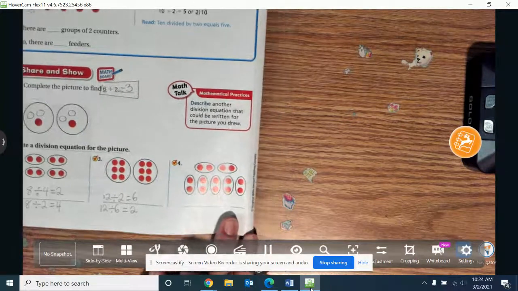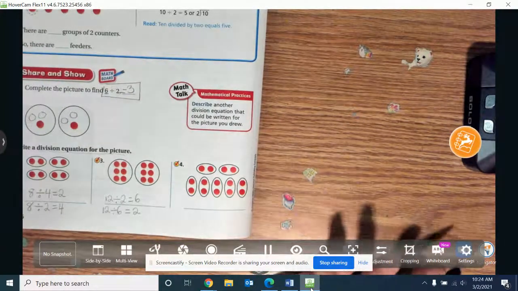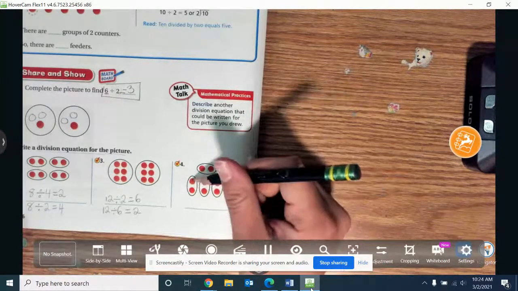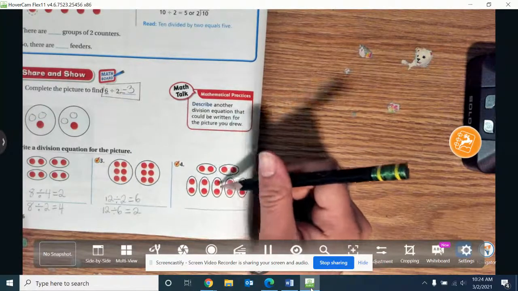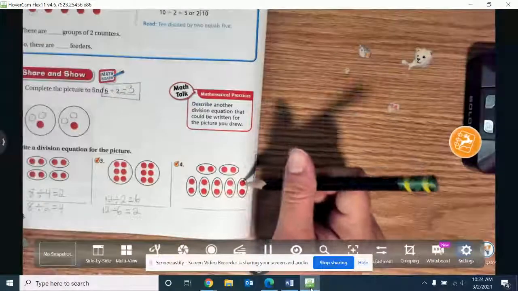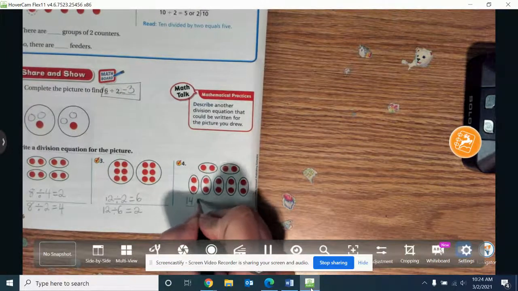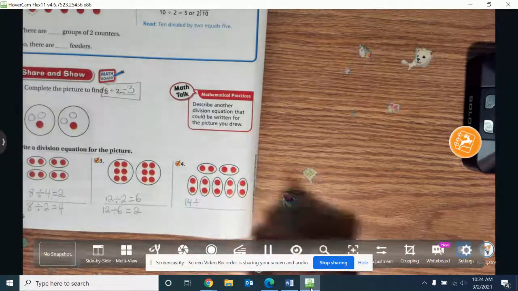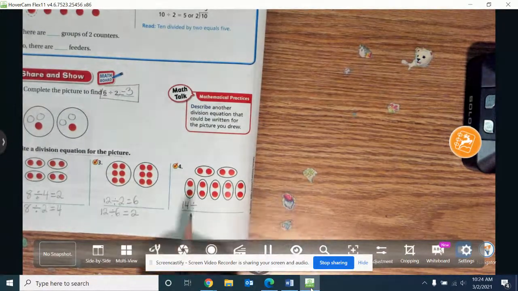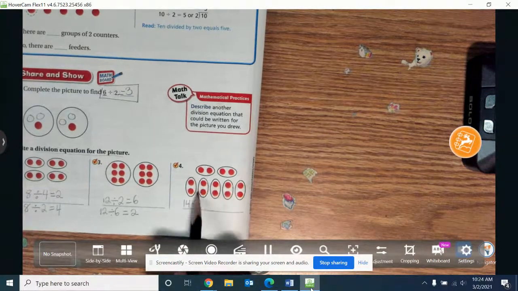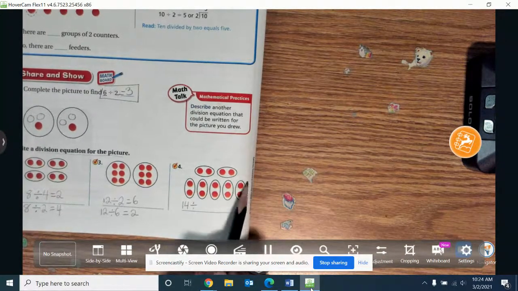We're going to go ahead and do it the same to number 4. Total always goes first. 1, 2, 3, 4, 5, 6, 7, 8, 9, 10, 11, 12, 13, 14. Total number of counters, 14. Divided by how many groups? 1, 2, 3, 4, 5, 6, 7.